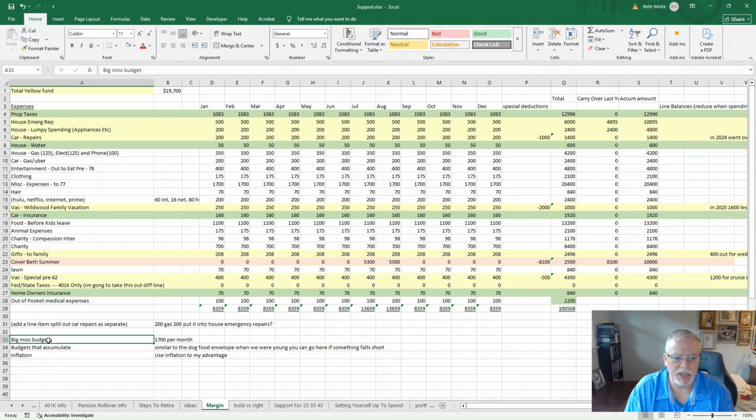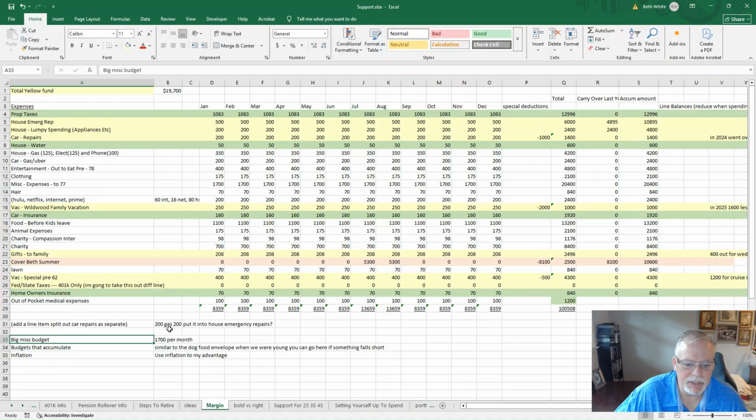So what you're seeing on this screen right now is basically my budget and how I set it up. I thought it was detailed enough to cover the major things, but not so general that it was of no use. So the first thing I want to talk about is the miscellaneous budget.